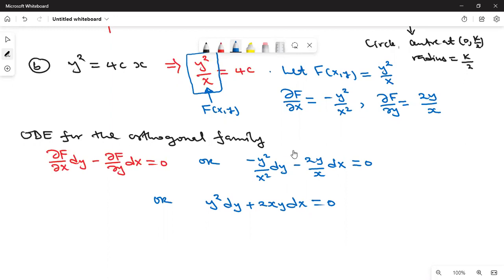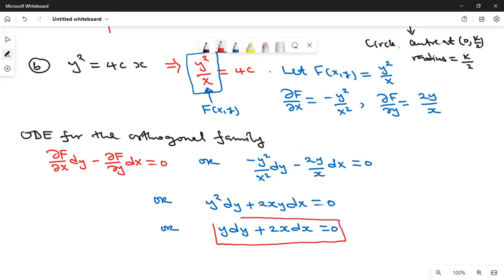If I divide by y, I'm going to get y dy plus 2x dx is equal to 0. So this is a separable ODE. It is also homogeneous.